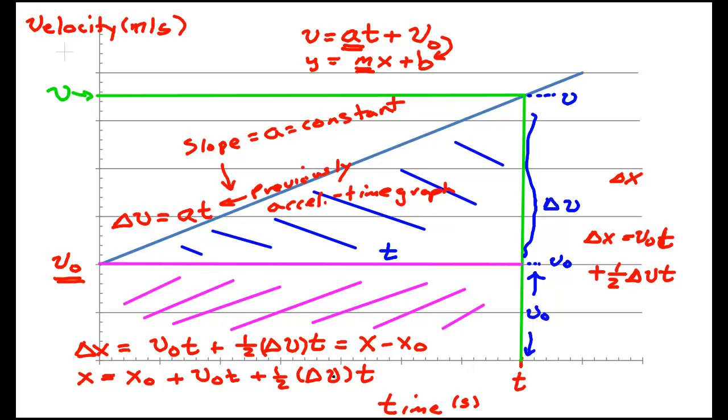Then I would have acceleration times time again. Well, if I do that, I get this equation. One half a t squared. This is known as the second kinematic equation.